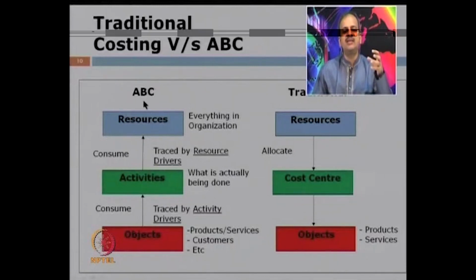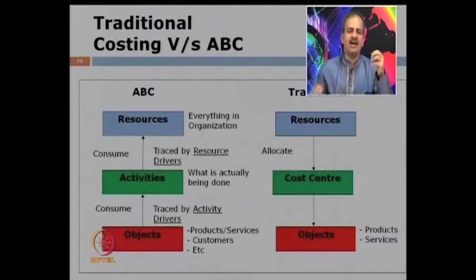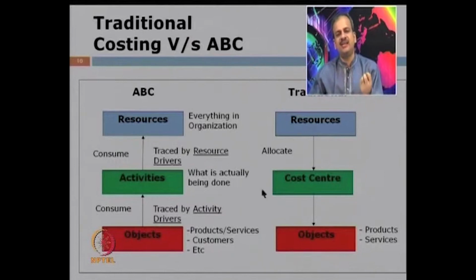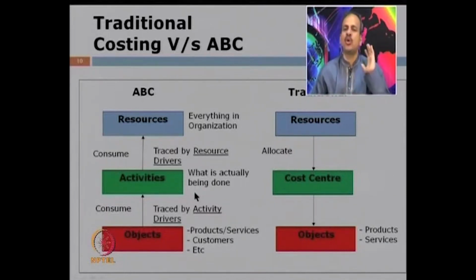In ABC, the total resources consumed are traced by the cost drivers. Resources are linked to the activity, that is, what the resource is being used for, and through activity drivers they are charged to objects, that is products, services, customers and so on.